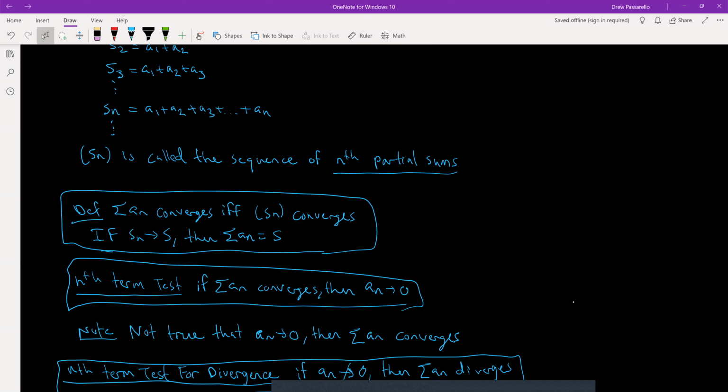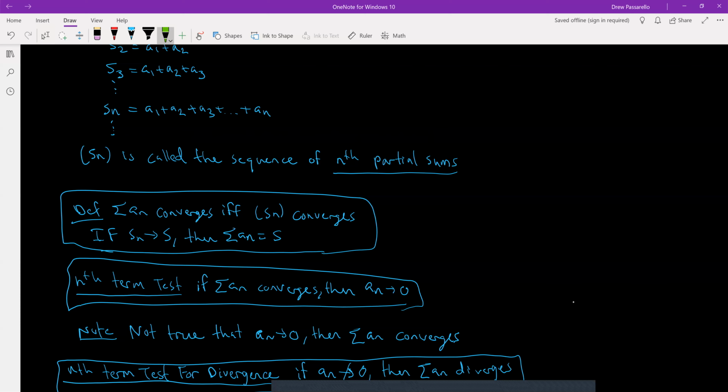The first one is the nth term test. The nth term test says if a series converges, then its nth term, the sequence an, converges to 0. But the converse is not true. It is not true that if the sequence an converges to 0, then the series consisting of the sequence converges.